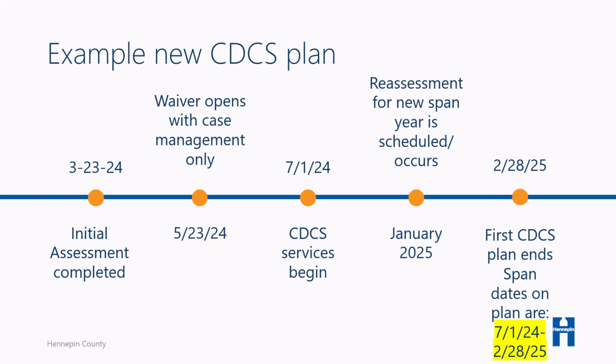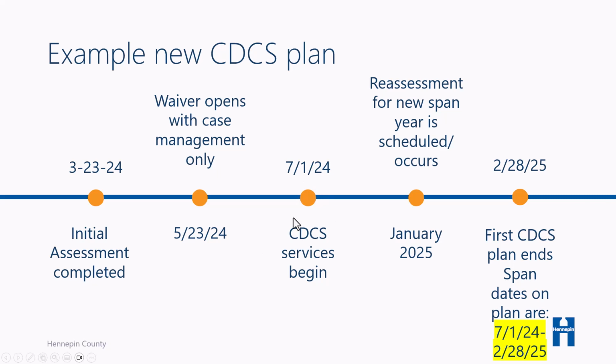As you can see in this timeline, the initial assessment was completed on 3/23/24 with case management only and was opened with case management only on 5/23/24. And CDCS was added on 7/1/24 to secure the ongoing waiver.